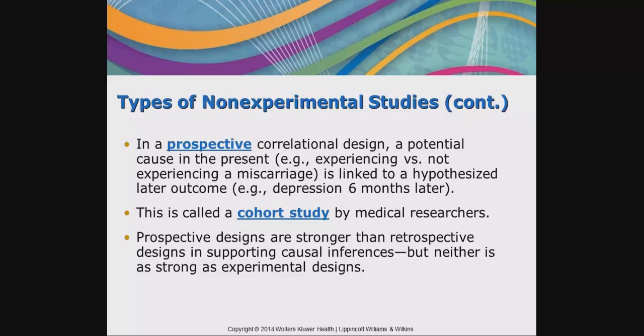There are two major types, prospective and retrospective. Let's talk about prospective for a minute. This is also known as the cohort design. This prospective correlational design links the present to the future. Lots of studies out there now about childhood obesity and the onset of type 2 diabetes.